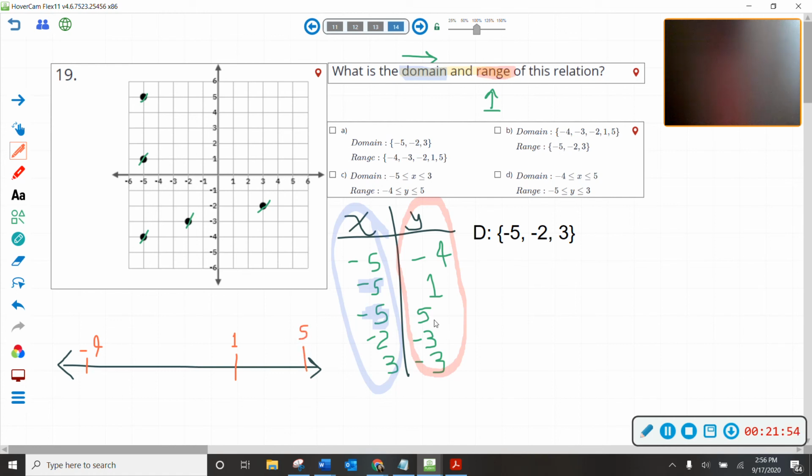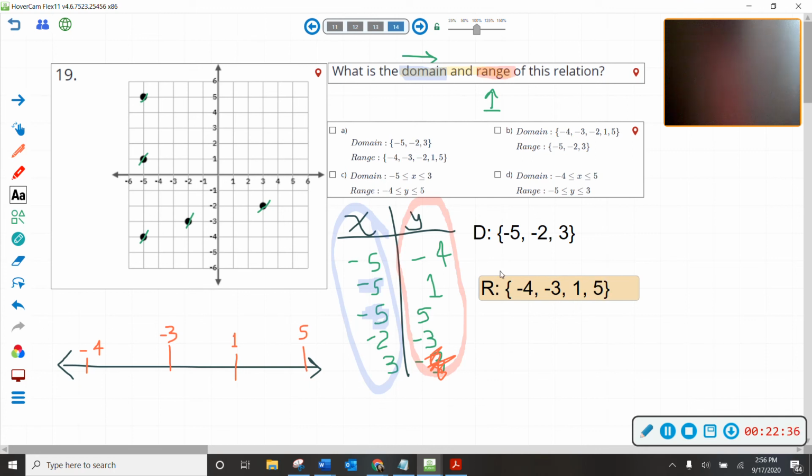Now remember, we don't need all of them. -3 looks like it's over here. Make sure I have a legible 4 there. There we go. So by writing it out, on scratch paper, we could say that in ascending order, least to greatest, my range starts with -4, -3, 1, and then 5.